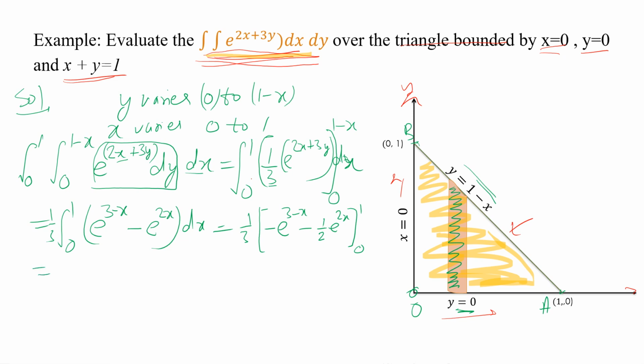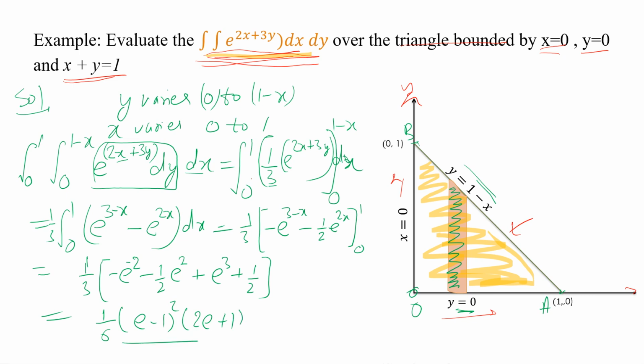So we get 1 by 3, minus e raised to power minus 2, 1 by 2 e raised to power 2, and plus e raised to power 3, and plus 1 by 2 e raised to power 0, which is 1. On simplifying we get 1 by 6 (e minus 1) whole square and (2e plus 1). On simplifying we get this.